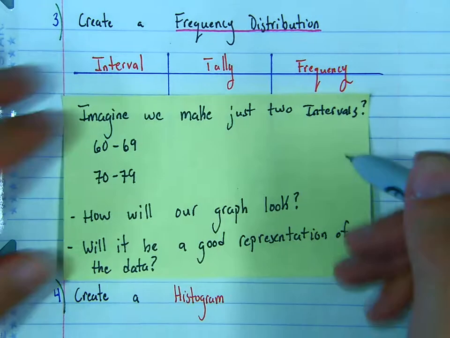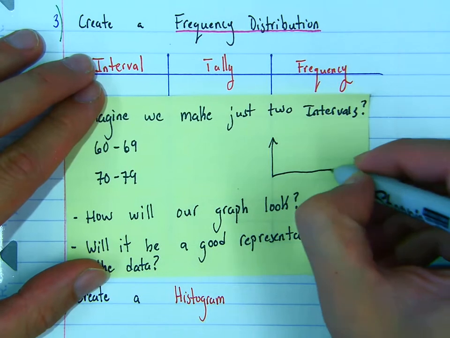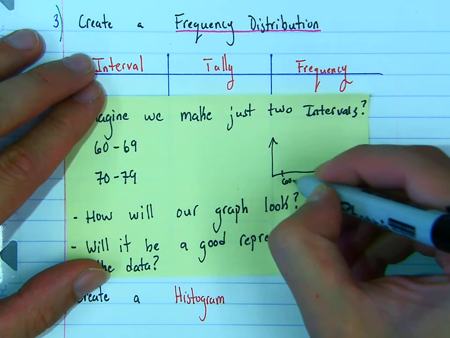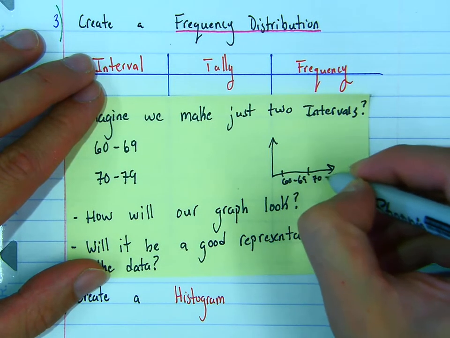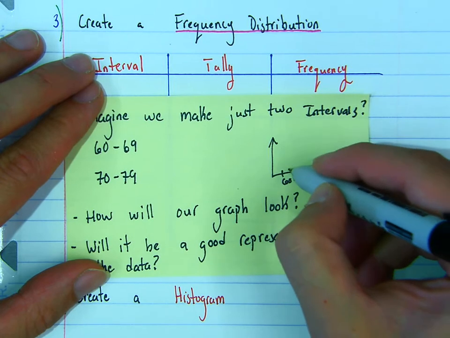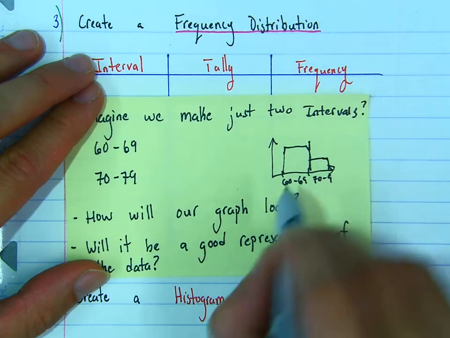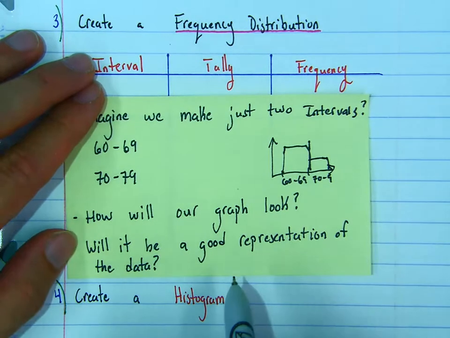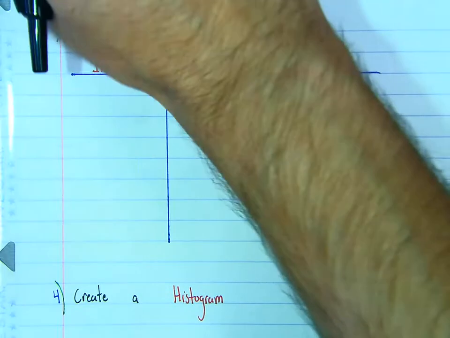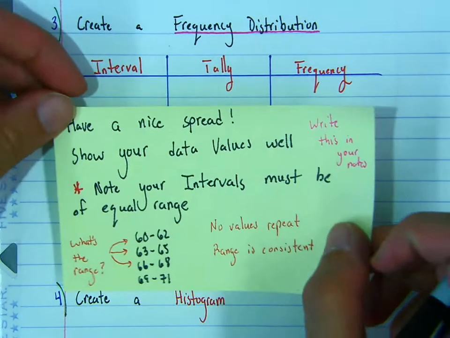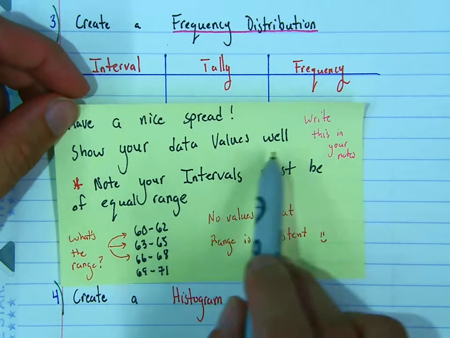Imagine a graph that said this is 60 to 69 and this is 70 to 79. Notice that you're only having 2 bars. It's not going to be a good spread of the data. So that is one thing that you want to show: have a nice spread. Show your data values well.